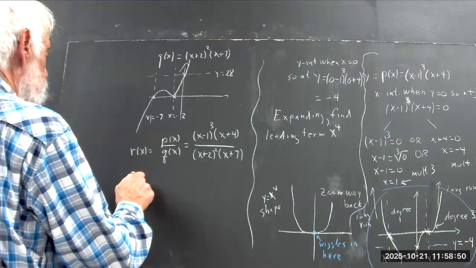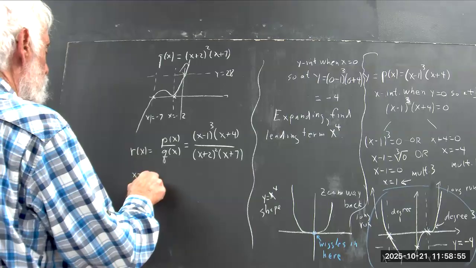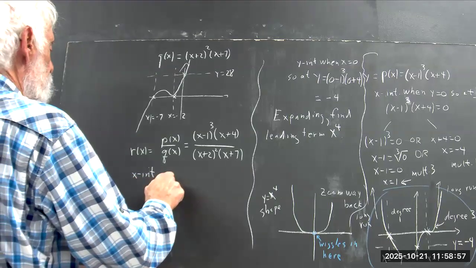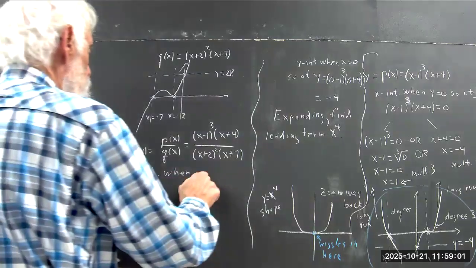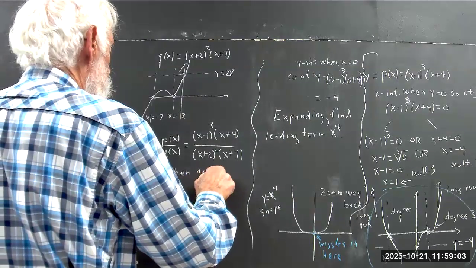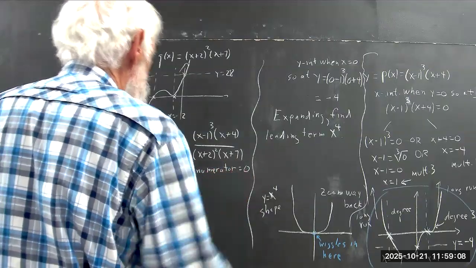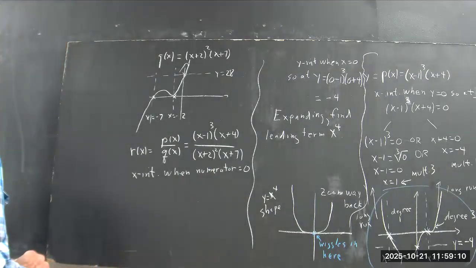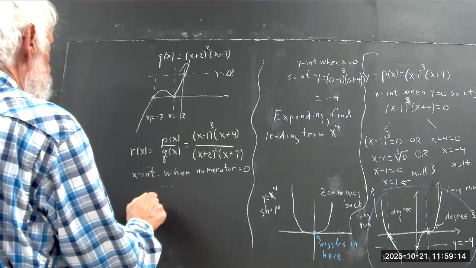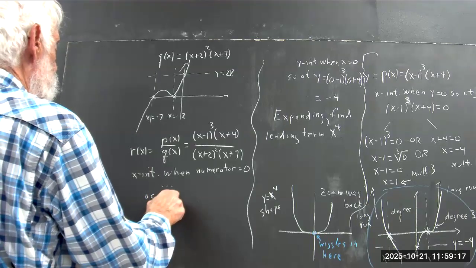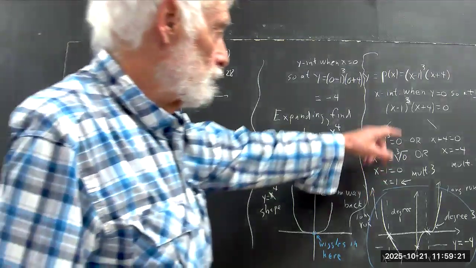Okay, zeros. Let's find x-intercepts. And the numerator is 0. So the x-intercepts occur. And I've got 3 dots here. The same thing we did here.